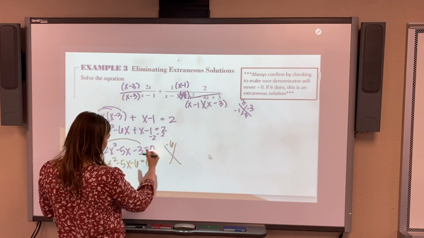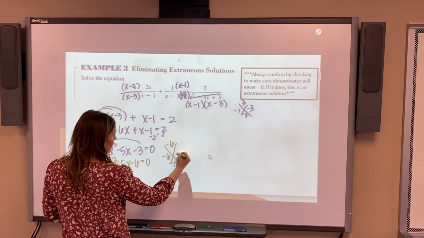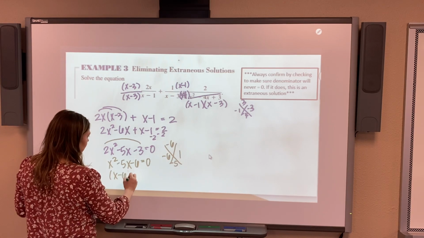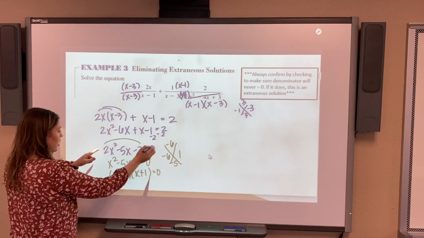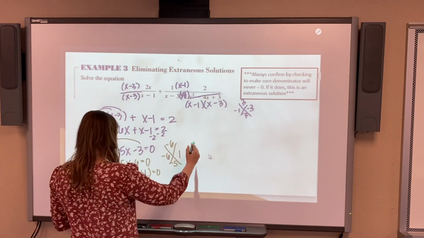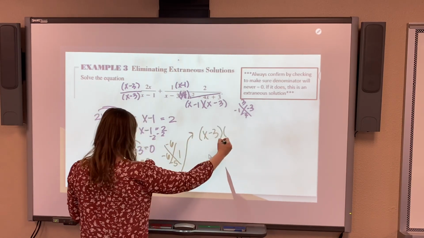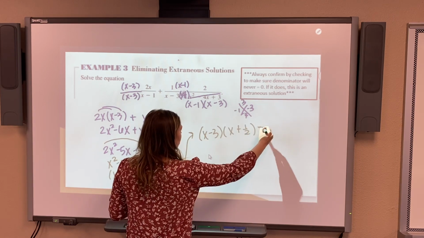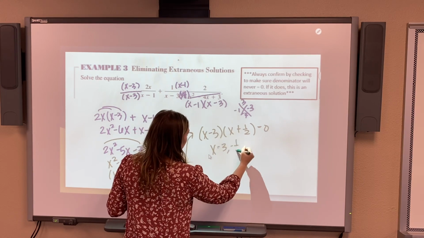To multiply to get -6 but add to get -5 would be a -6 and a positive 1. So that would be x minus 6 times x plus 1 is equal to 0. Split our 2, divide by 2, we get x minus 3 and x plus 1/2 equals 0. So that means our solutions are 3 and -1/2.